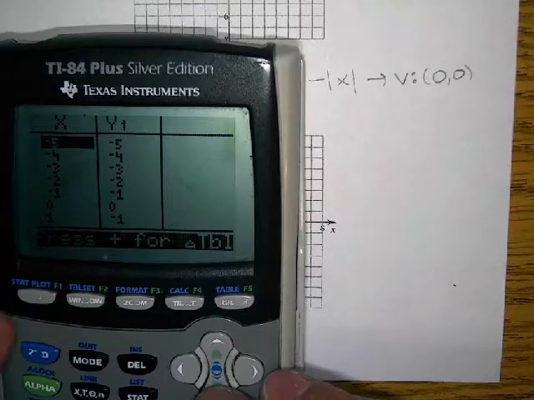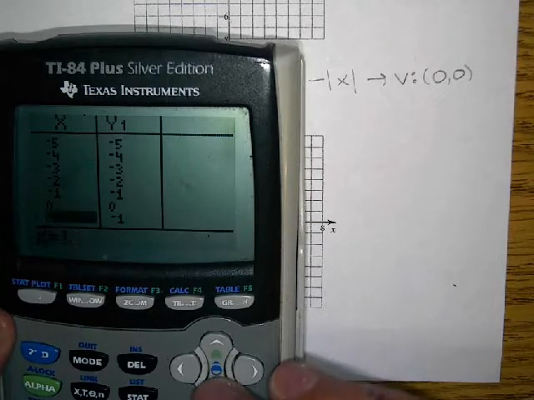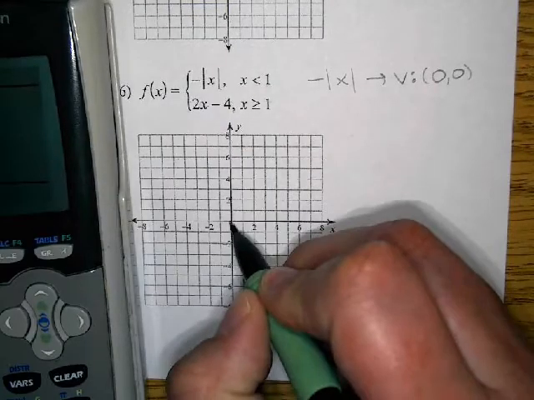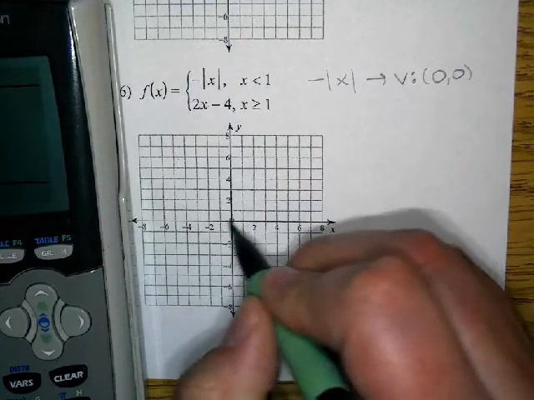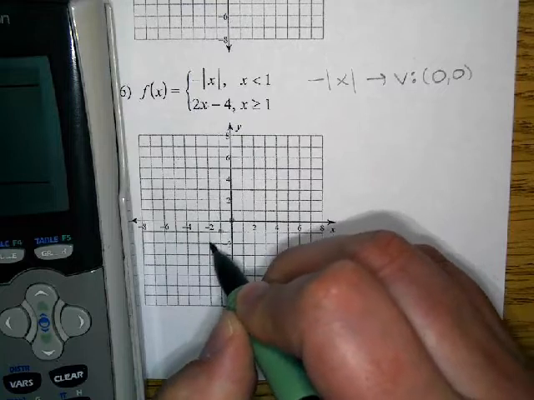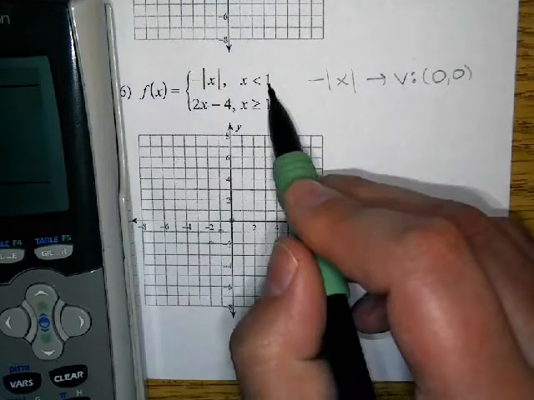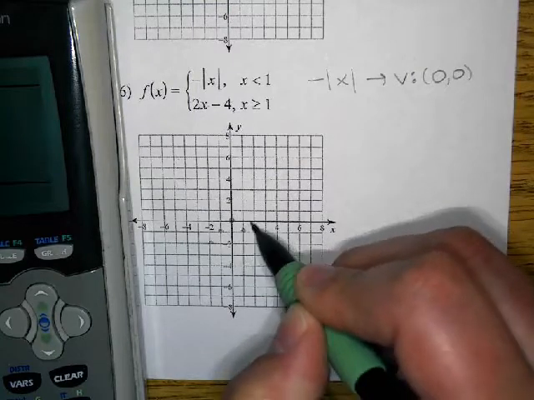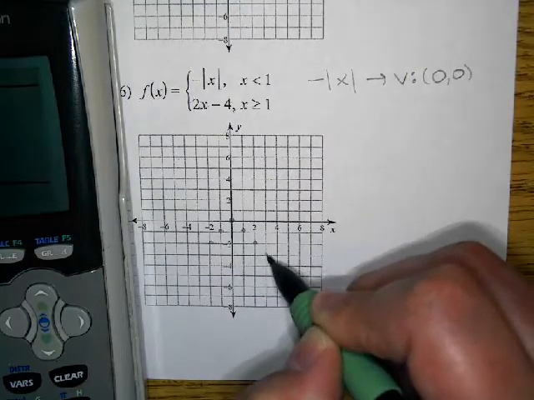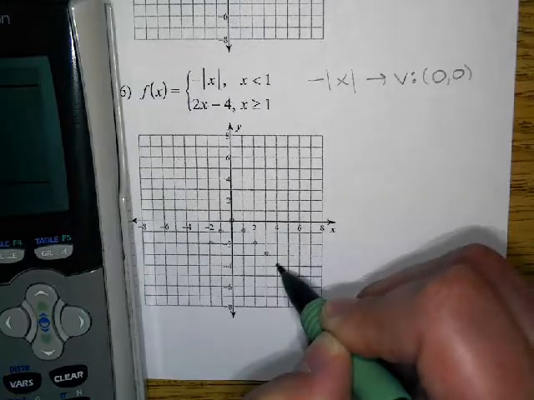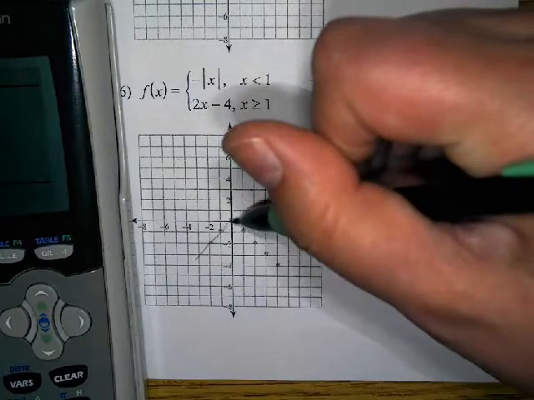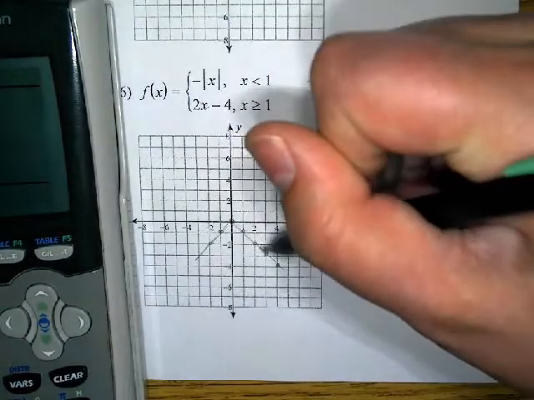And I'm going to graph the points. And I'm going to make sure that I focus on the points that are around an x value of 1. So this is what my graph looks like.